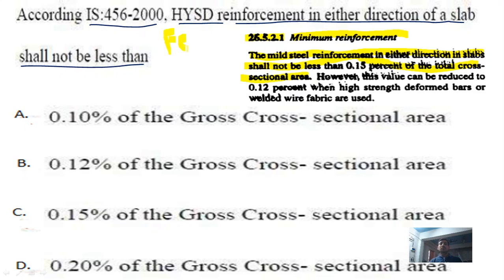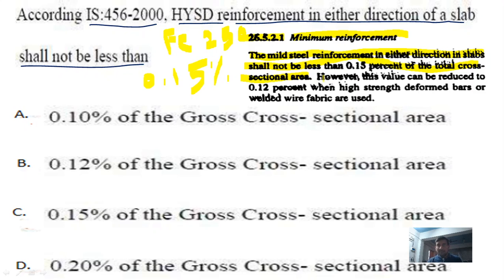So if you use Fe250 grade reinforcement in the slab in either direction, then the minimum percentage of reinforcement to be provided is 0.15% of gross cross-sectional area.